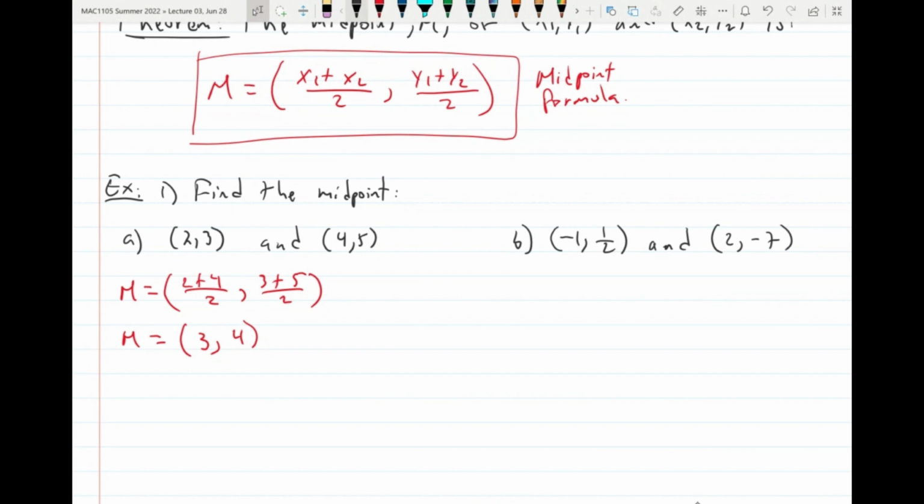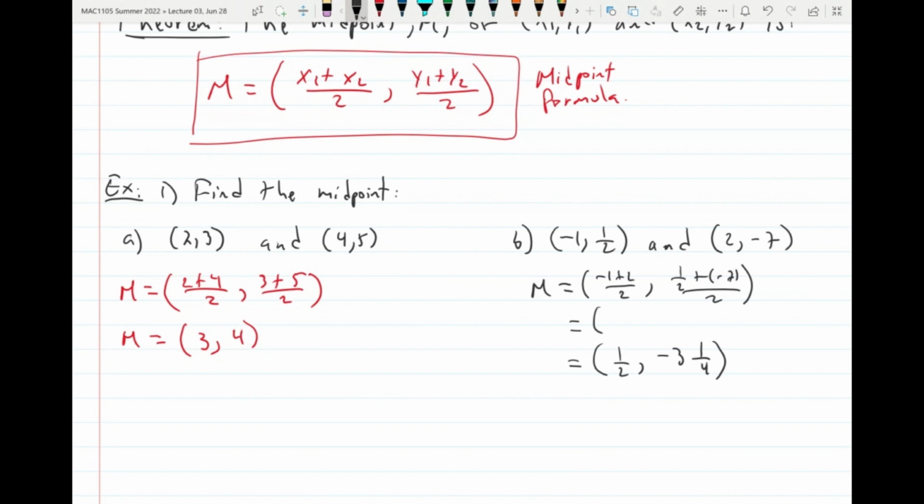Okay, so what's the midpoint in here? 1/2 comma -3 1/4. So let's see. This is going to be -1 plus 2 over 2, and then this is going to be 1/2 plus -7 over 2.